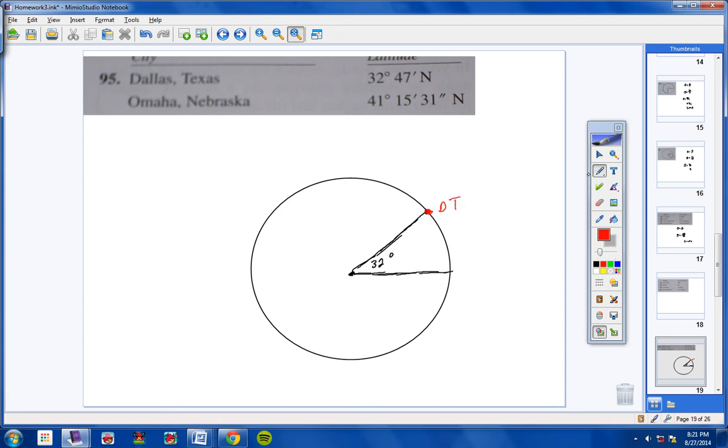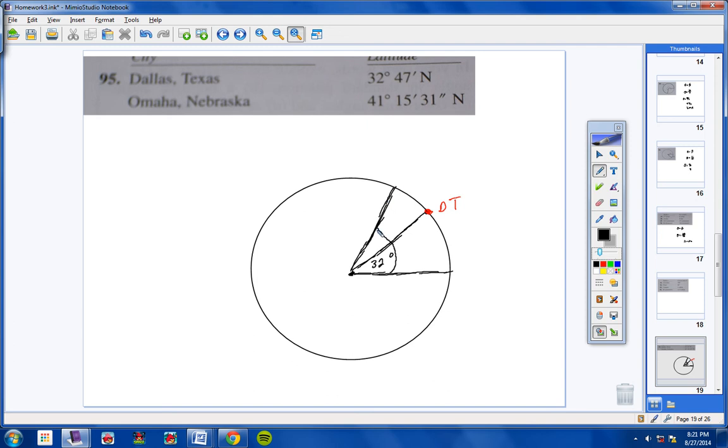Now, look what I'm going to do next. I went north because it said to go north. Now, I'm going to erase this degree for a second. I probably shouldn't have done that. Let's leave it there. All right, now watch this carefully. Now I'm going to rotate up 41 degrees. So I'm going to start here. I'm going to rotate up 32, and then about 9 more degrees.